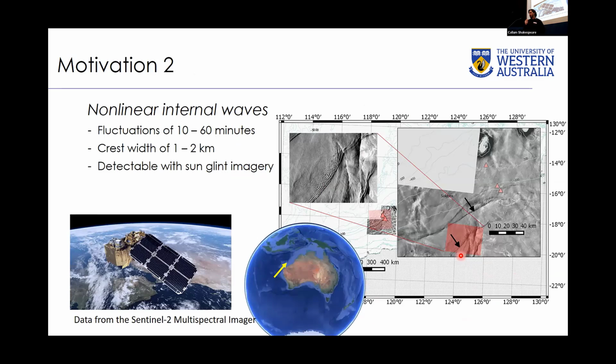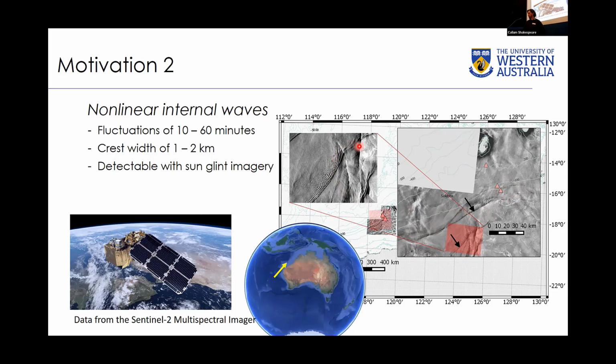The second question was around nonlinear internal waves. If you look at satellite imagery of the tropical ocean in coastal regions and shelf regions, you often see these bands, these dark and light bands. This is optical data from the Sentinel-2 multispectral imager taken in this part of the Australian Northwest Shelf.